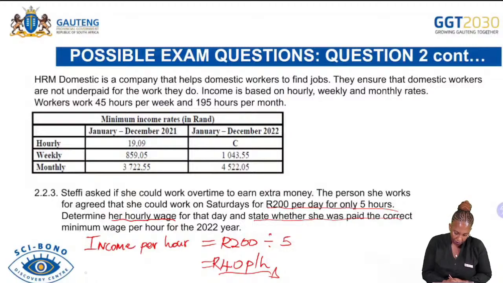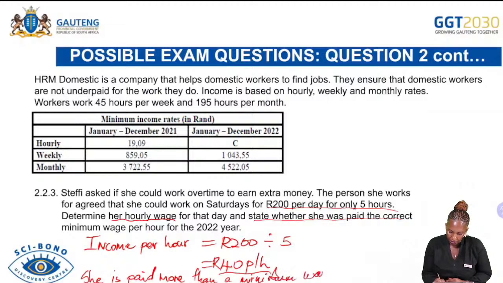My reason is she is paid more than a minimum wage of 23 rand 19 cent.